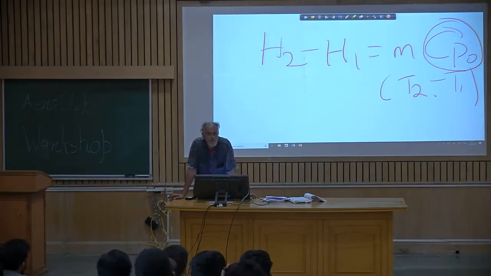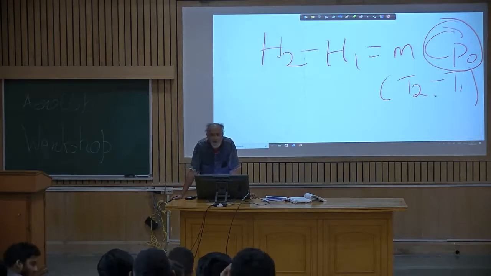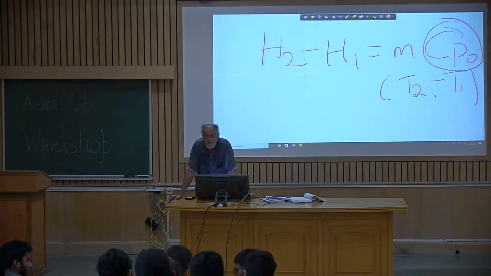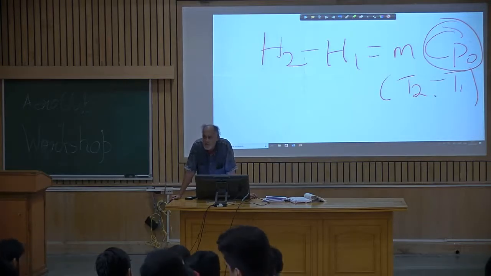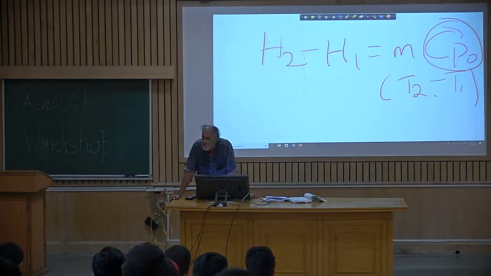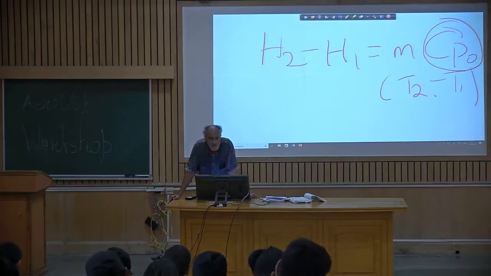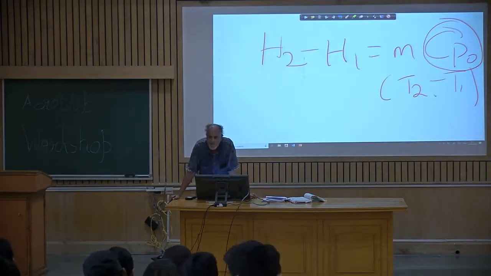Where are those equations in your book? It's there in some table. Whoever has a book, open the table A.6. For some materials, you have the equation for Cp as a function of temperature, A.6.